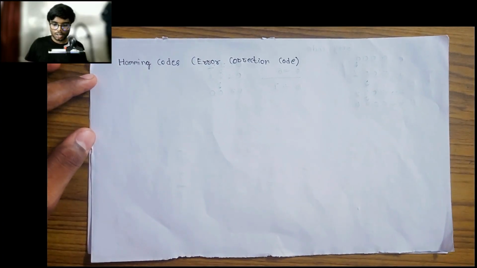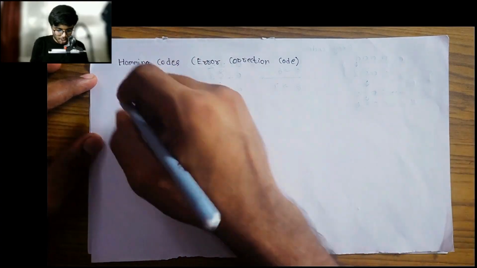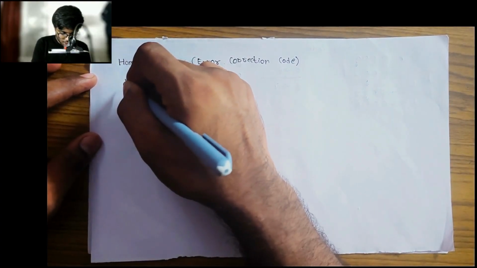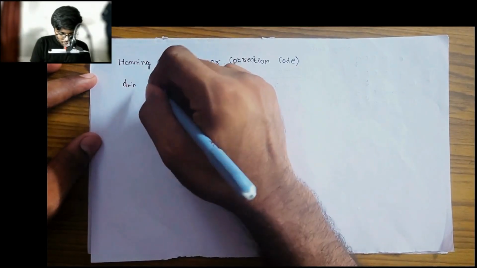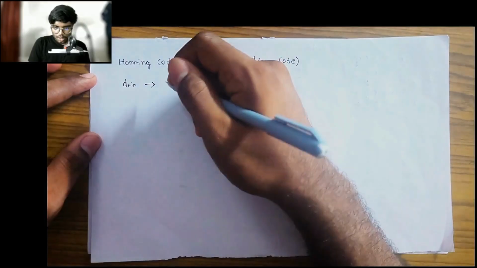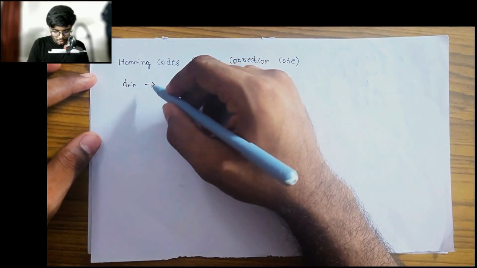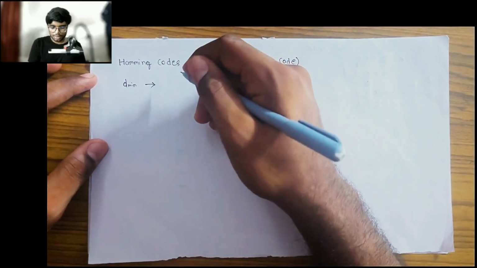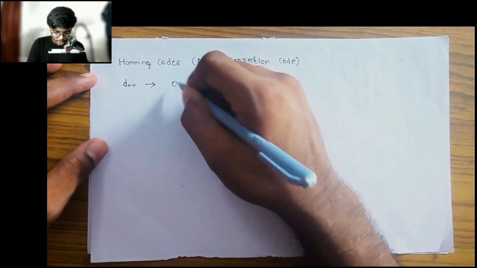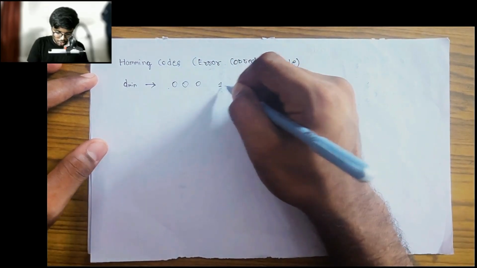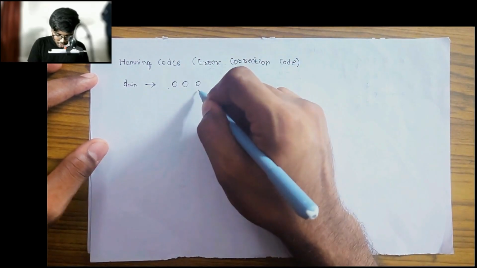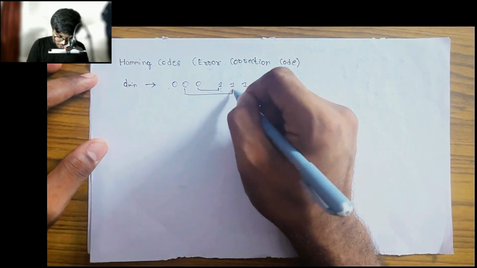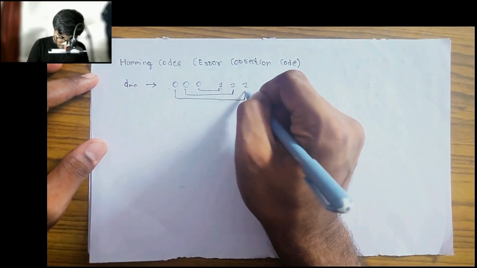Okay, now let us discuss Hamming codes or error correction codes. Before I can say anything about this, first I would like to speak about Hamming distance or D minimum. I'll take an example and explain it. So let us say a circuit accepts two valid codes, 0, 0, 0 and 1, 1, 1. As we can see, all the 3 bits have been changed.